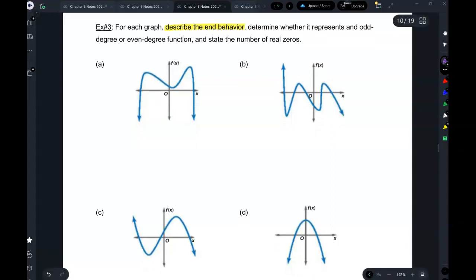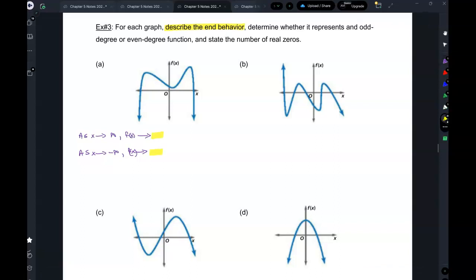So whenever you hear or you read describe the end behavior, immediately you do this. As x approaches infinity, f of x approaches. As x approaches negative infinity, f of x approaches. This is your template. Okay? Now the answer is going to come here. Okay? So first you prepare your template. Now we're going to write the answer.